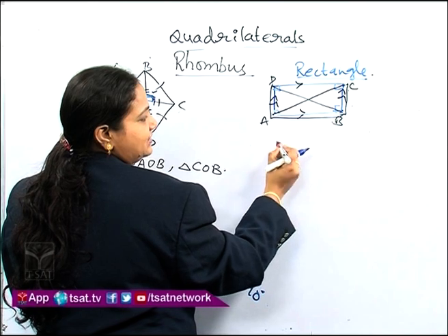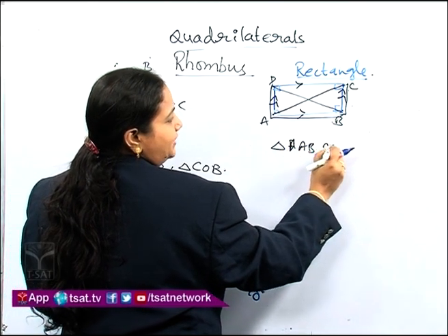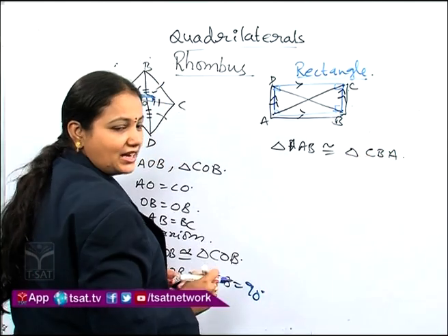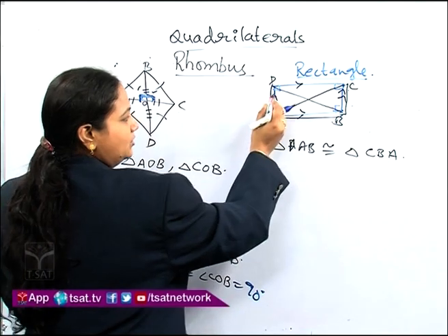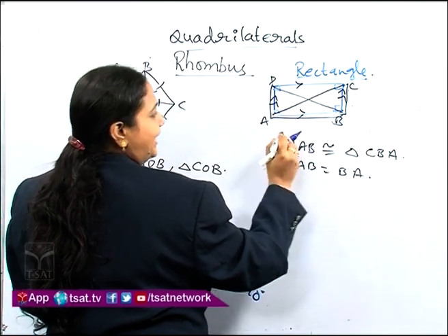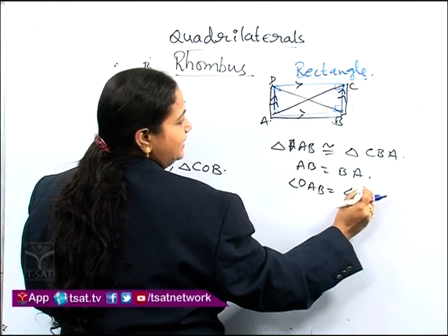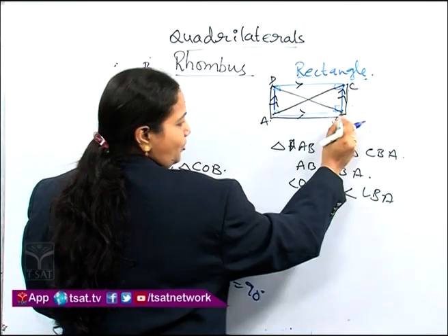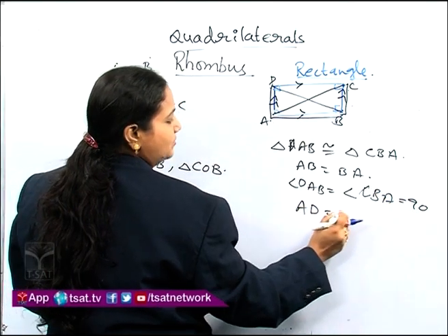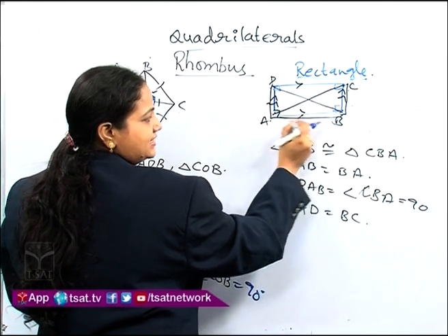By using this, we can prove that triangle DAB is congruent to triangle CBA. How do I have congruent? AB equals BA, a common side, and angle DAB equals angle CBA, both equal to 90 degrees, and AD equals BC, those are the opposite sides. So side, angle, side.